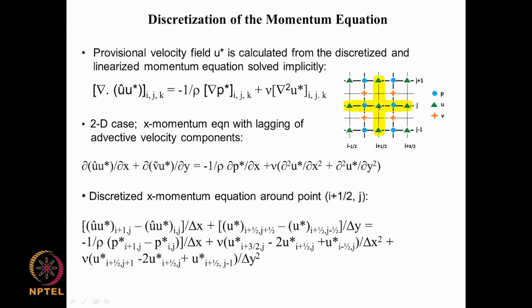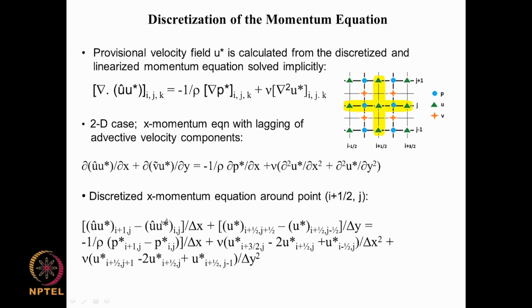So it spreads halfway between the next evaluation. So it goes up to this in the north direction, and in the horizontal direction it goes up to the midpoint here, because that is the midpoint between this evaluation, and on the horizontal side in the right direction it goes up to this. So the control volume that we are looking at is enclosed by these 4 stars here, centered around I plus half j.